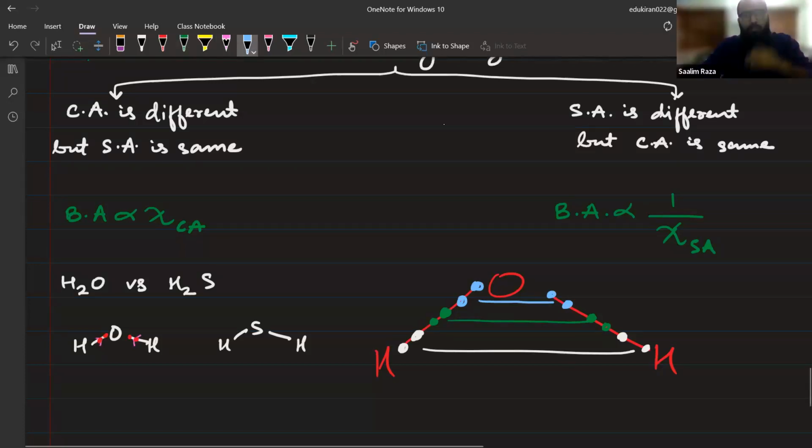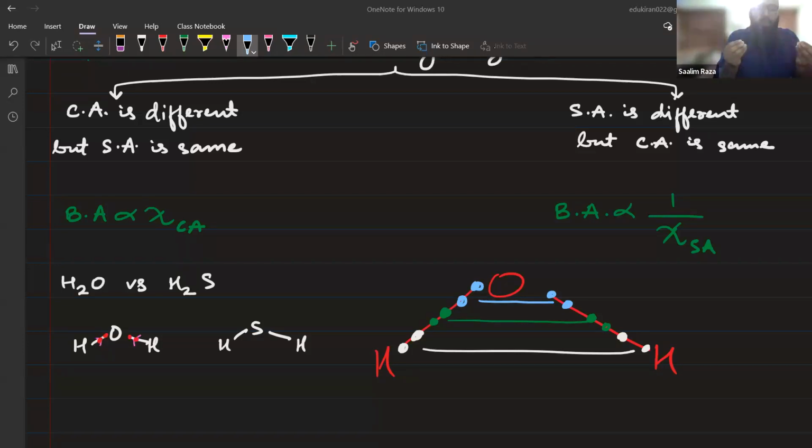So in the blue case, which is our case right now, the central atom is different in the two molecules, and the central atom which is having more electronegativity is pulling the electron density towards itself, making the bonded pair electrons more near.